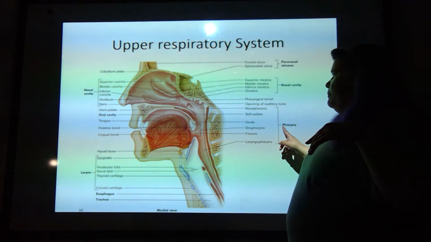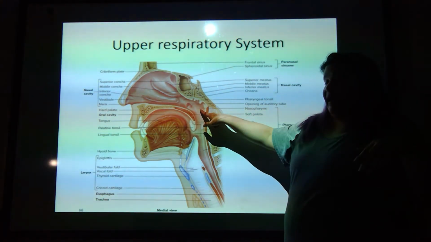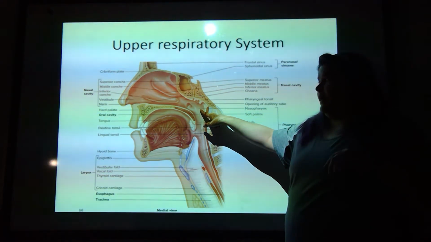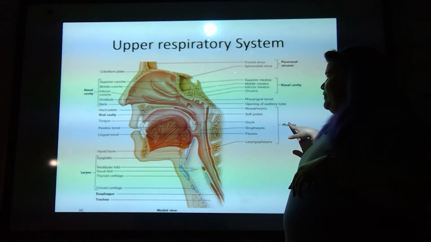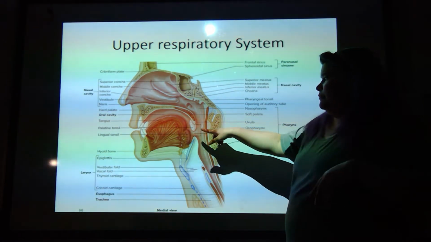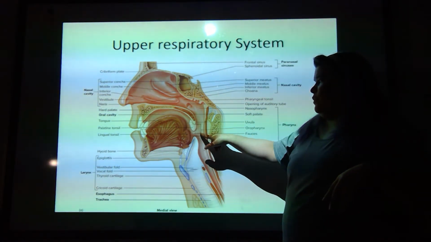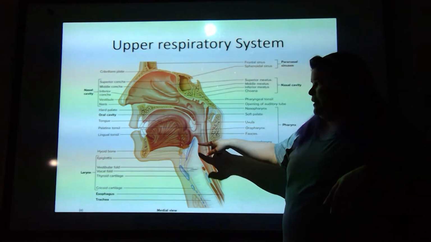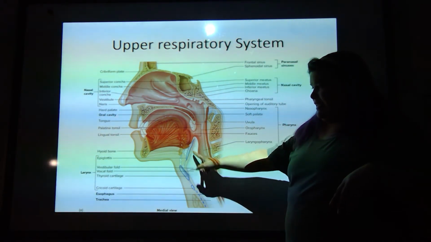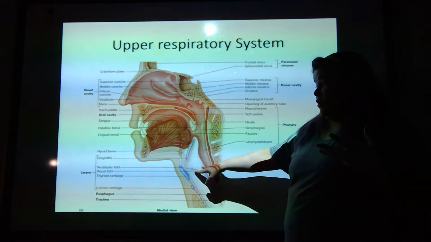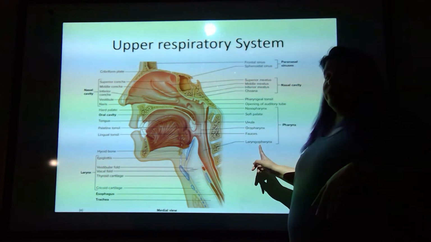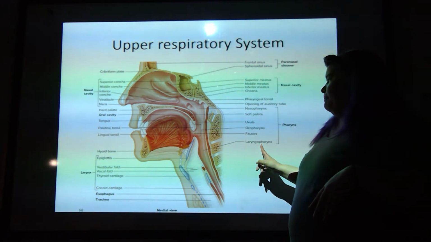At the very top, right behind my nose, I have the nasopharynx. Okay? Right at the back of my mouth, here's my mouth, I have the oropharynx. Okay? And then right before I actually get to here where my vocal cords are, my larynx is, I have the laryngeal pharynx, okay?